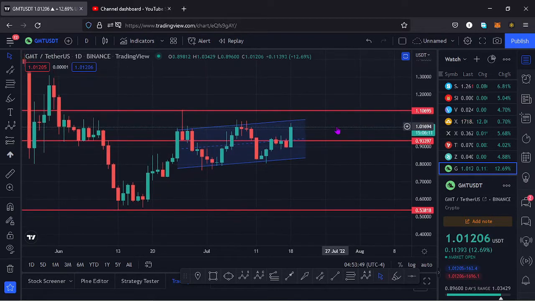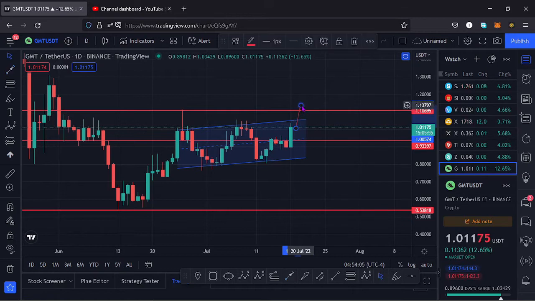That brings me to the first key scenario that I expect to play out here on this chart. It's possible that now that we have broken above a key area of resistance down here, we have had a retest and we are continuing to push to the upper side, we also break out of this channel to the upper side, and once that happens we'll be facing another key area of resistance at around the $1.11 mark.